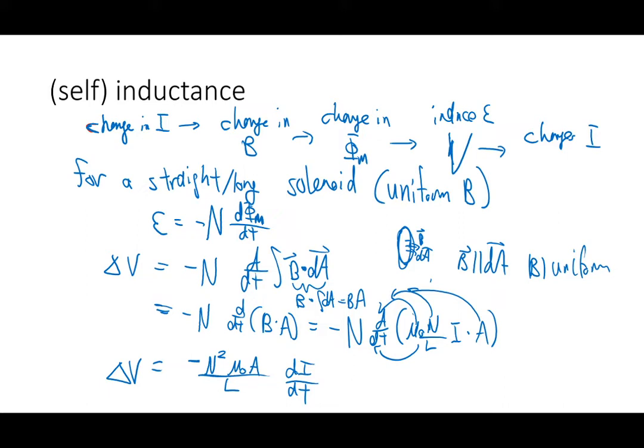And notice there is an N squared happening here because the N affects how much magnetic field gets produced, but it also affects how much magnetic flux is working to induce the EMF.